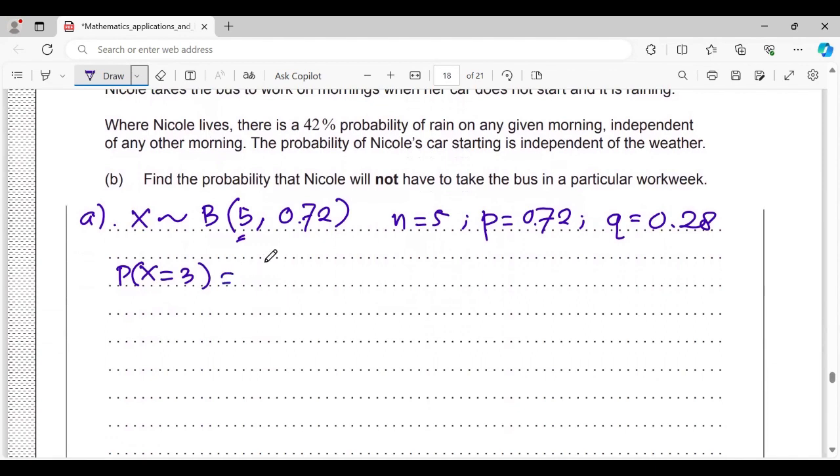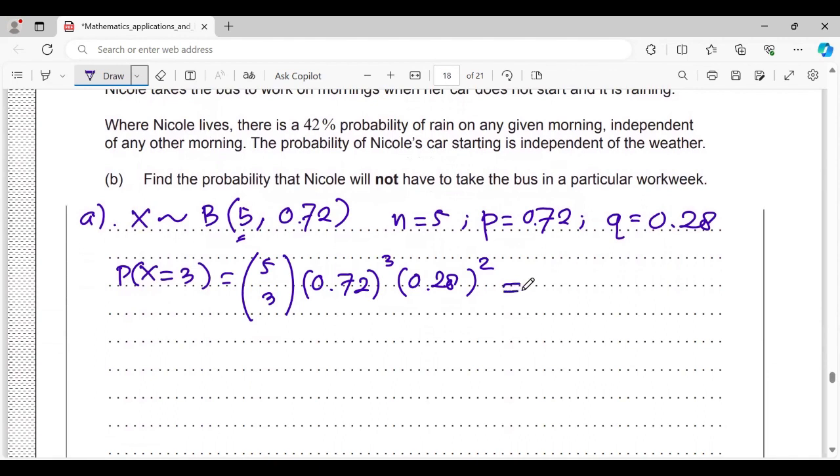So it equals combinations 5, 3, times 0.72 cubed times 0.28 squared.